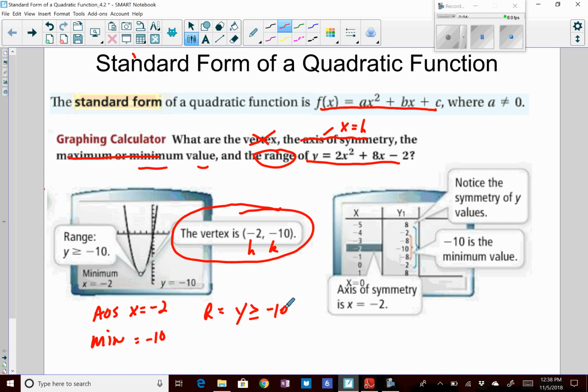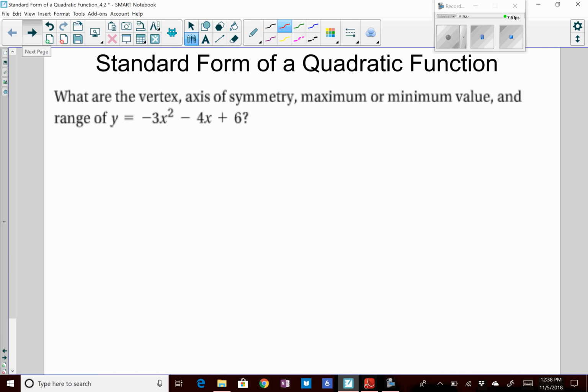If they had asked for the domain, again, that would be easy. Even in this form, the domain is always all real numbers. Okay, so again, here they're asking for the vertex, axis of symmetry, maximum or minimum value, and the range.